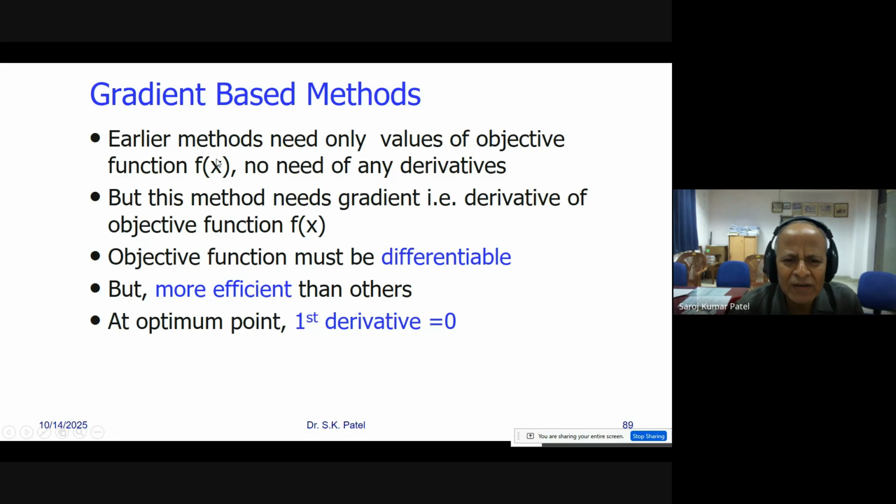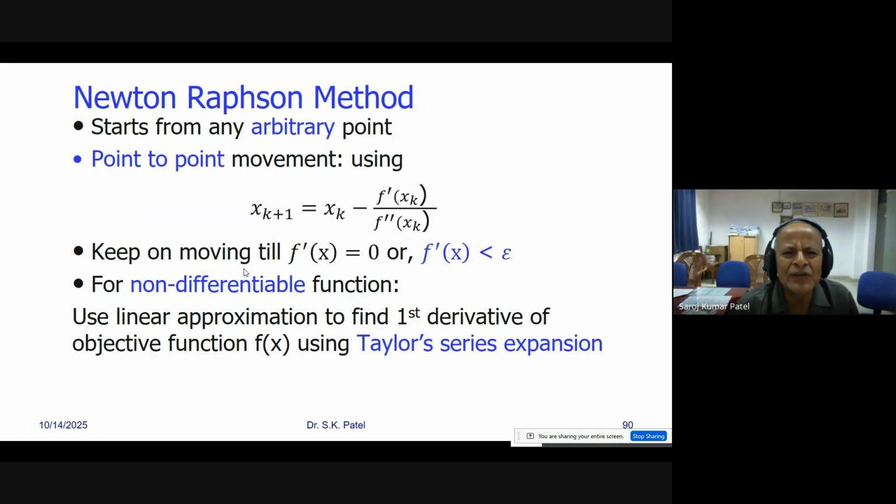Now coming to gradient based methods, let us discuss only one and then we will go to the multivariable one. So one method we will discuss is the Newton-Raphson method. Here we start from one arbitrary point and move from point to point. In the earlier methods, we moved from interval to interval.